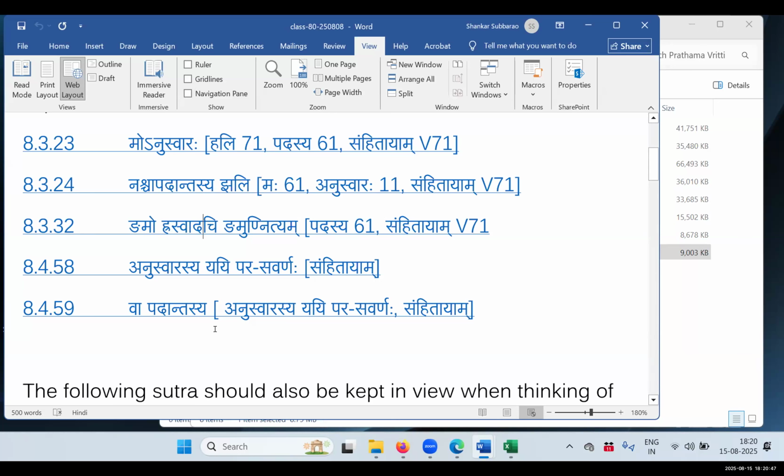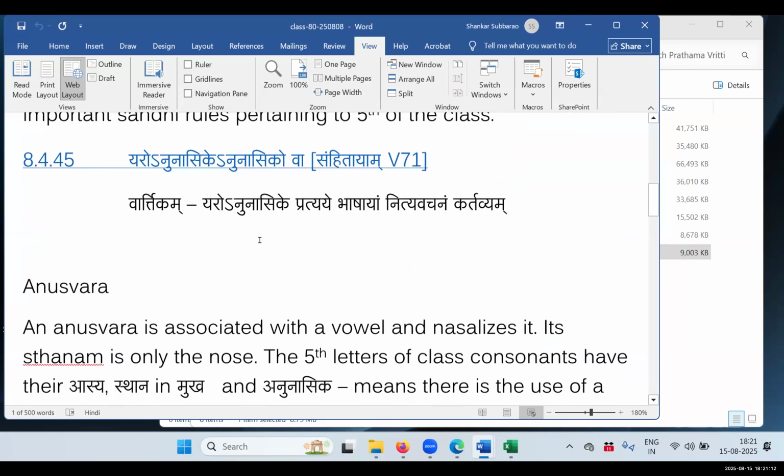You have ngamo hrasvadachi ngamut. Ngamut. What is ngamut? Same ngam with ut. So you make a sandhi, you'll get mut cha, nut cha, nut cha. Ngamut. So this is what you will see here in the notes below.